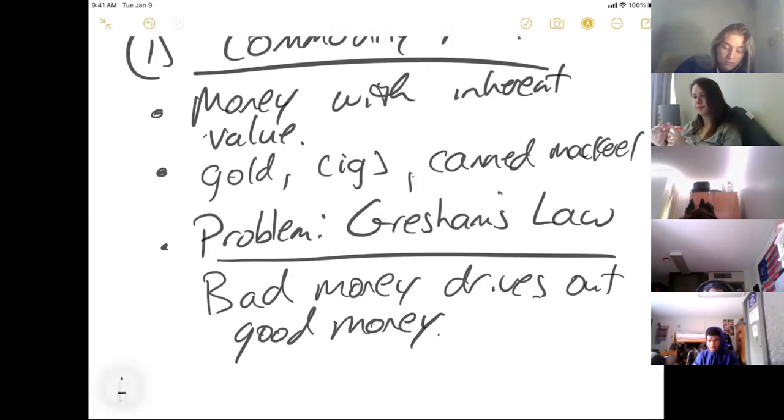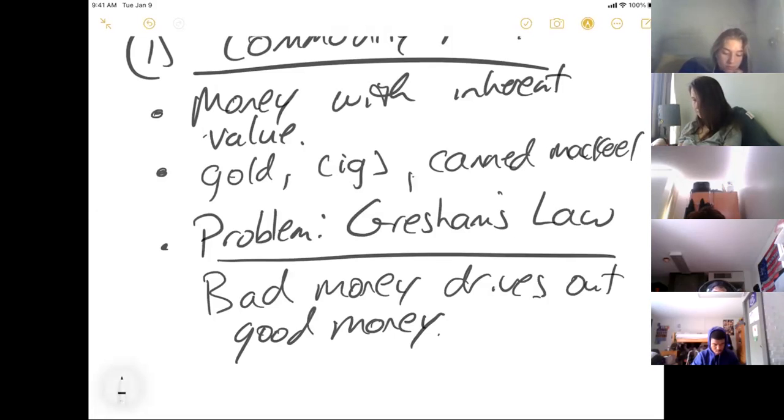This is a consistent problem with any form of commodity money, even if you're talking about gold coins, right? If you've ever been to, for instance, the Natural History Museum in Chicago, they have this beautiful display of gold coins there from the Romans and the Greeks. One of the interesting things is many historians can actually tell how old a coin was by how big it was.